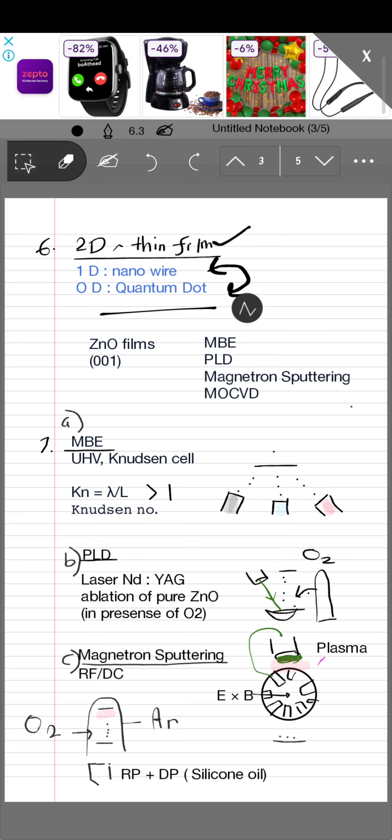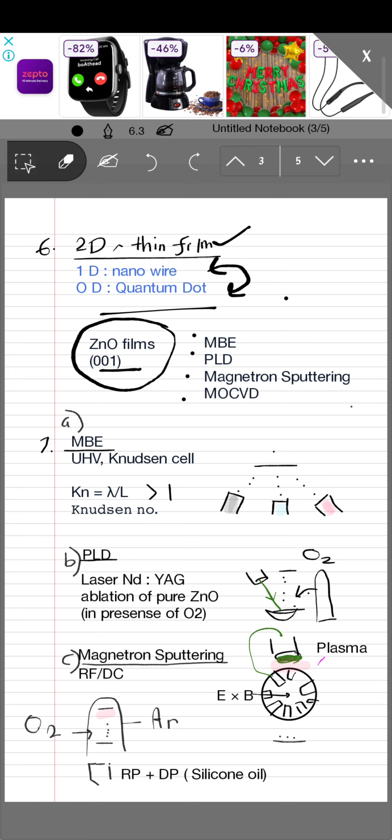Now, thin films of zinc oxide, when deposited, have a preferential direction, that is the 001 direction, and they can be deposited by various means, like molecular beam epitaxy, pulse laser deposition, magnetron sputtering, and metal organic chemical vapor deposition. Let us discuss each of these methods one by one.